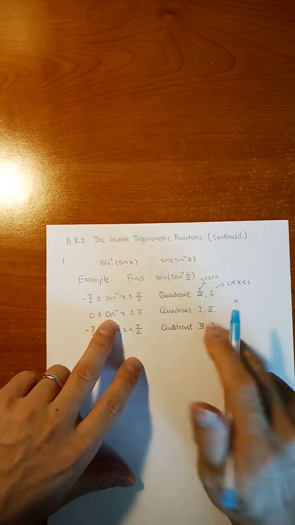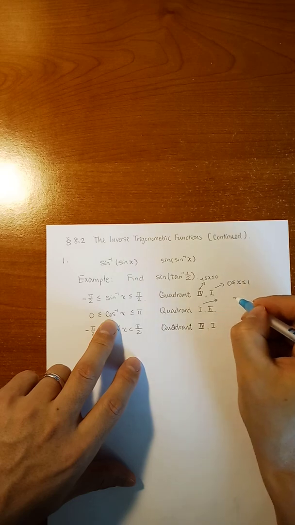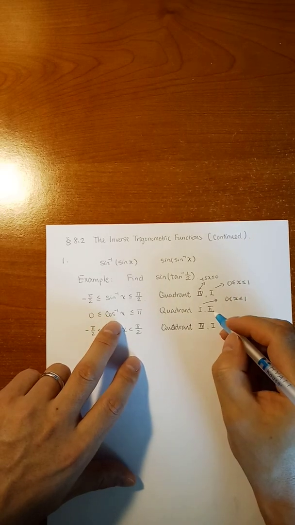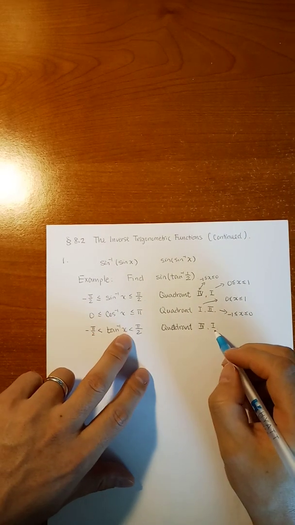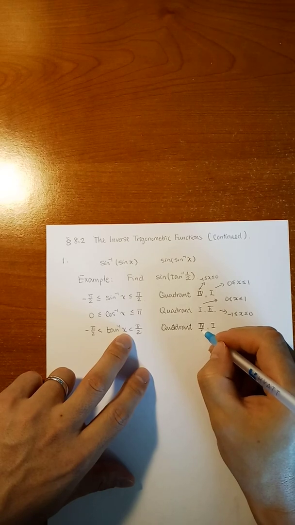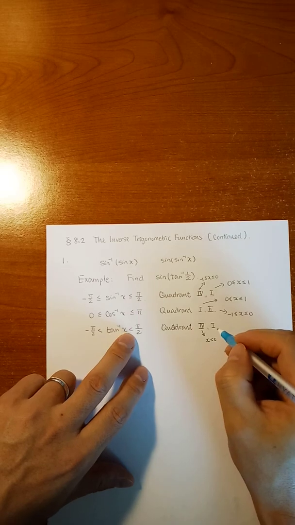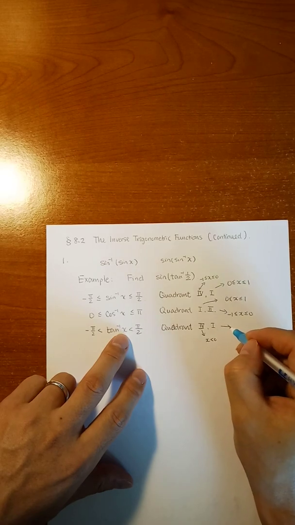The cosine inverse is in the first quadrant if x is between 0 and 1, and in the second quadrant if x is between negative 1 and 0. And the tangent inverse is in the fourth quadrant if x is less than 0. It is in the first quadrant if x is positive.